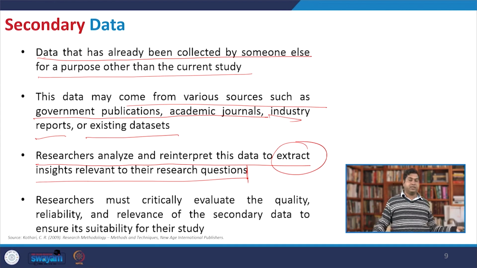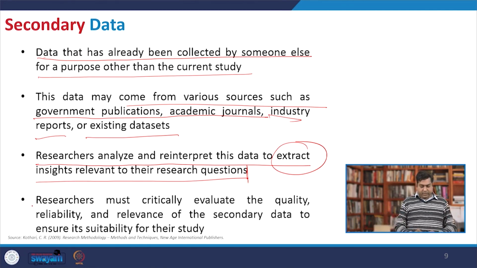You don't require something like their mother tongue. So you have to extract the information which is required for your study. For primary data you collect only the information which is required, but for secondary data you have to extract the information which is required. That is the fundamental difference.